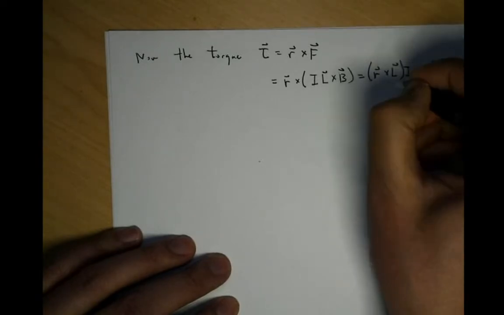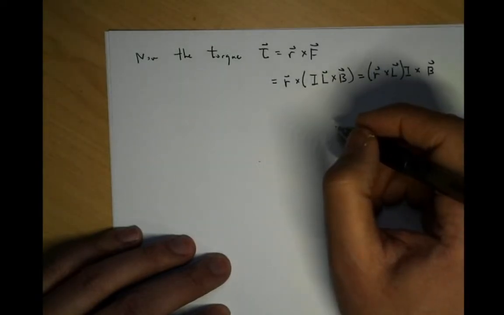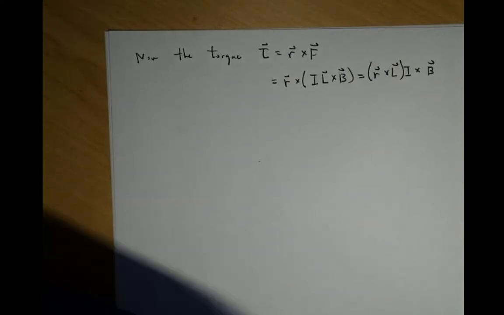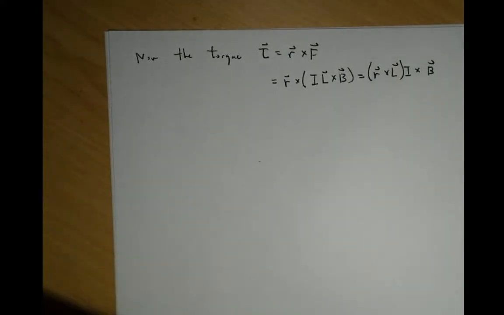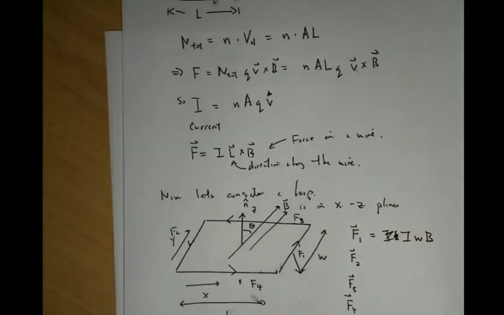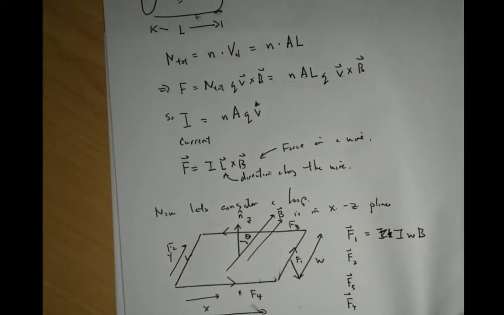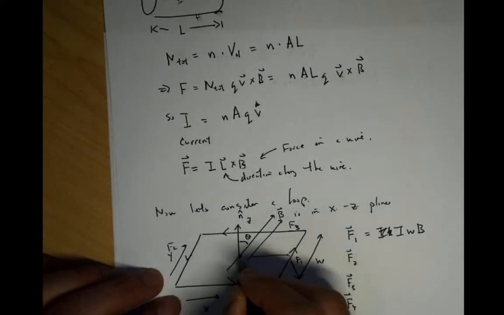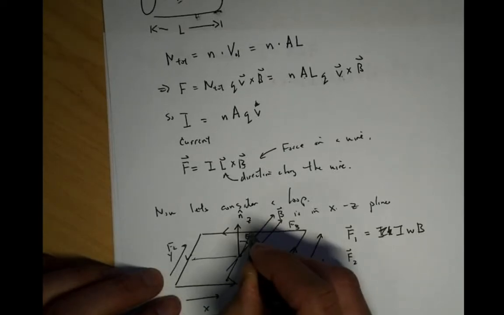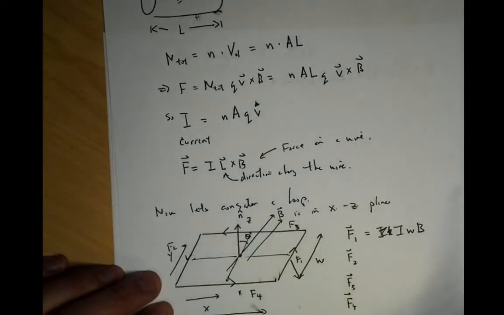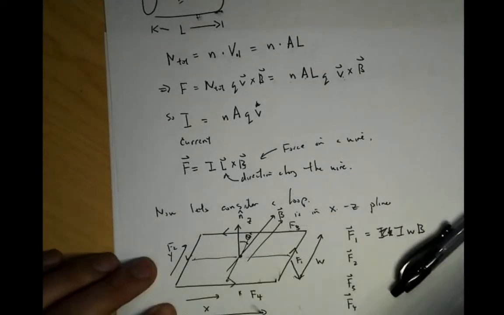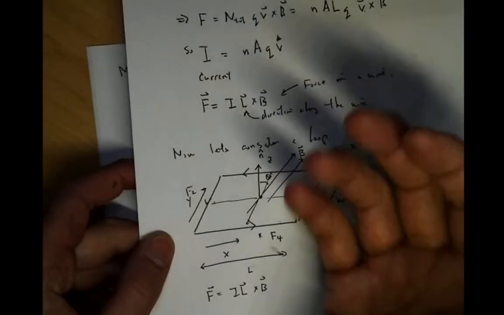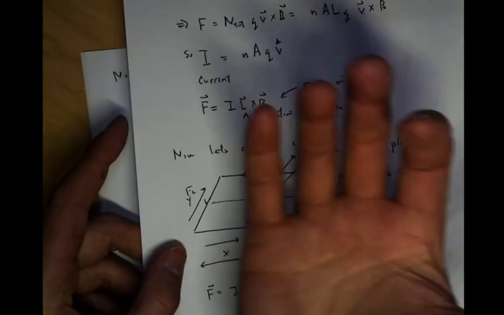Now look at this thing very carefully, right? What's R cross L for each one of these wires here? If R is something we pick from the center to each one of these four wires, then let's just do this as R cross L. R is going to be pointing outward for wire 1.